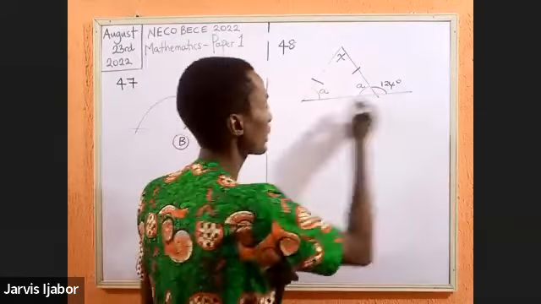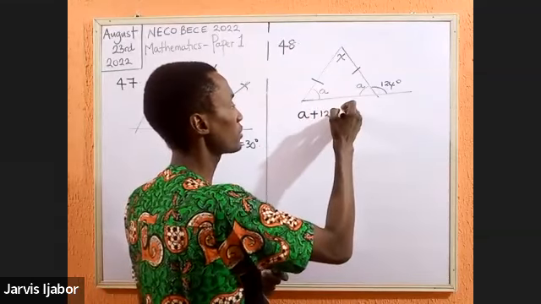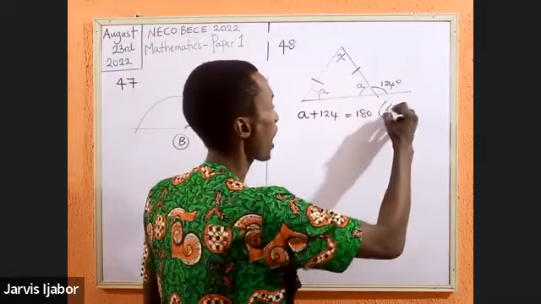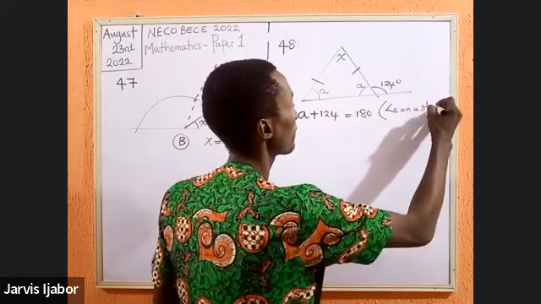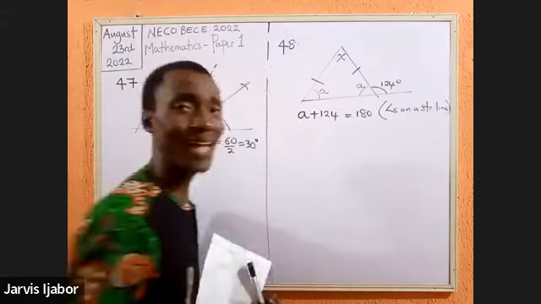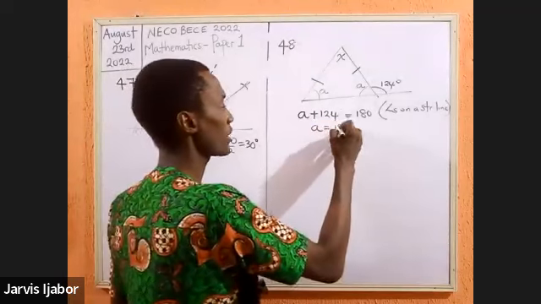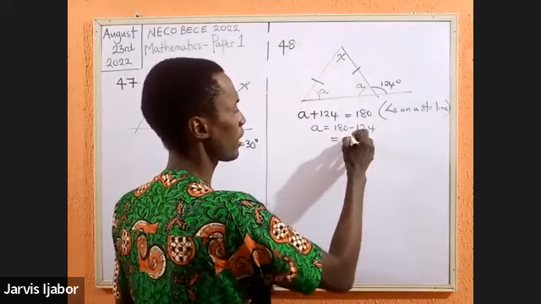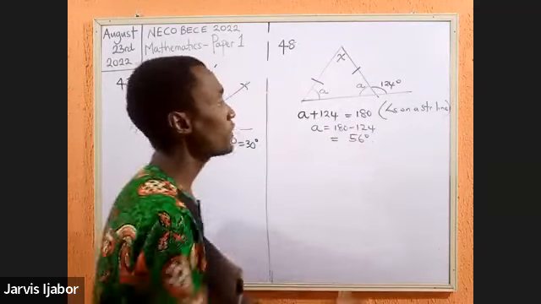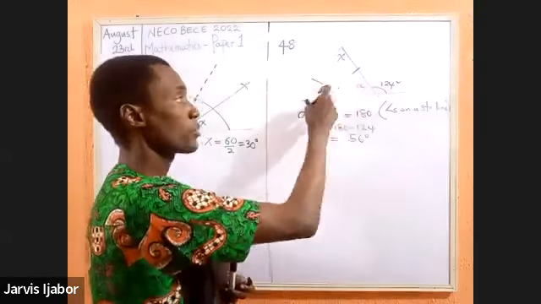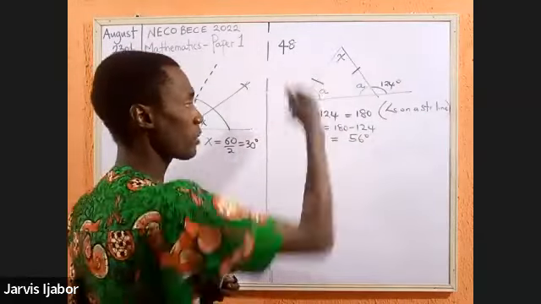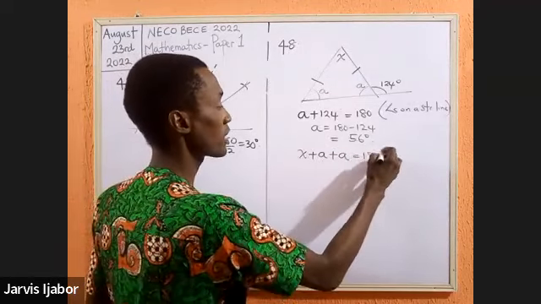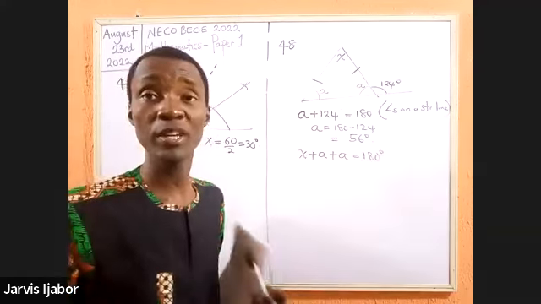Angle on a straight line: A plus 124 degrees will be equal to 180 degrees. The reason for that is angles on a straight line. With that said, A will be equal to 180 minus 124, and that will simply be 56 degrees. So if this is 56 degrees, this will also be 56 degrees. Now the sum of the angles of a triangle: x plus A will be equal to 180 degrees. I'm doing this because let's assume this were a theory question.